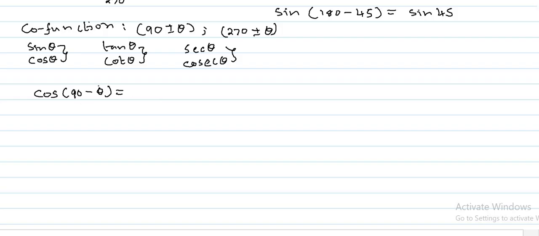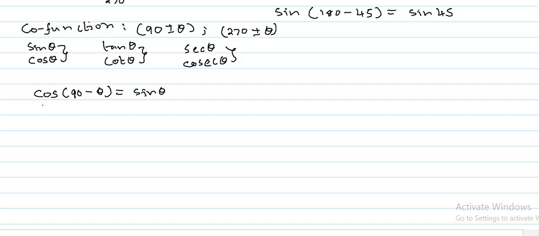When you see 180 or 360, it must be the reduction formula. So when you are given the cos of 90 minus theta, what is the cofunction of cos? It's sine. Then we check the quadrant. 90 minus theta is which quadrant? It is quadrant number 1. So if cos is positive in quadrant number 1, also its cofunction must be positive. So the cos of 90 minus theta can be written as its cofunction, which is the sine of theta.